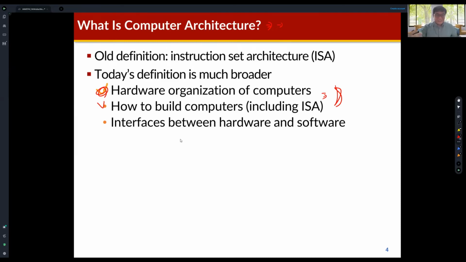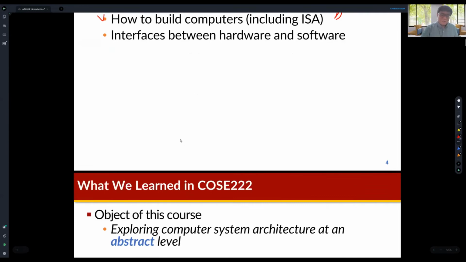In the Department of Electrical Engineering, computer architecture is the topmost layer, and in the Computer Science Department, computer architecture is the bottommost layer in the department. Okay, because it handles the interfaces between hardware and software.